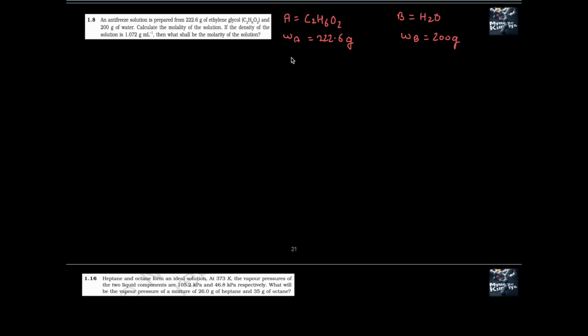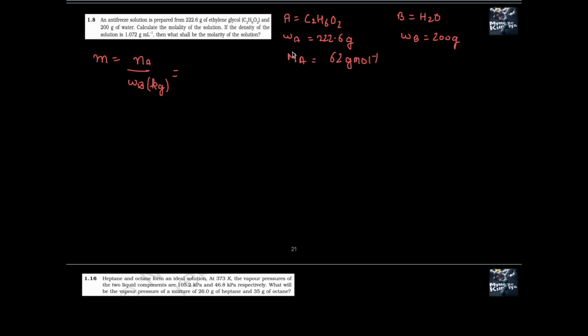Okay, so calculate the molality of the solution. We need to find the molality. Molality would be equal to moles of A divided by weight of B in kg, right? And the molar mass of ethylene glycol is around 62. You can easily find it out.